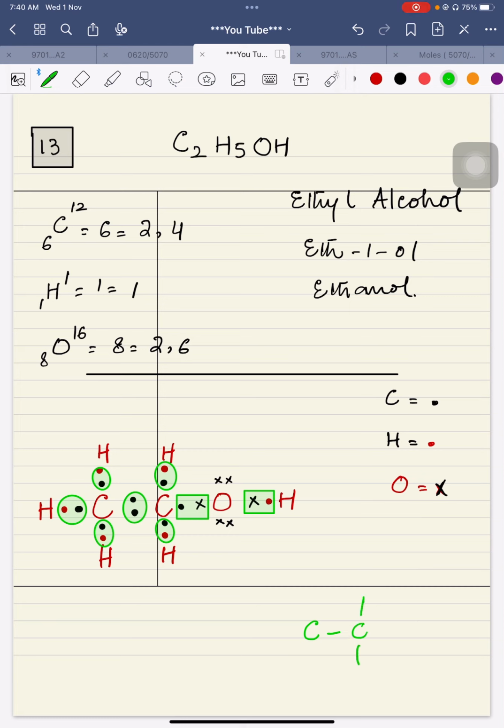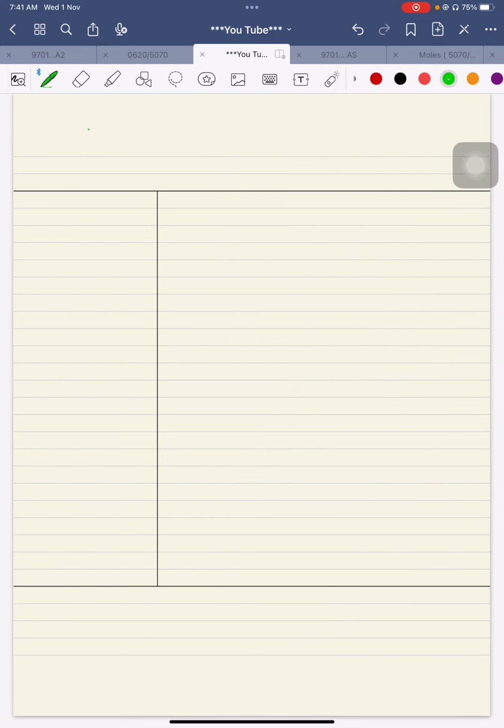Basically you can see this is how it is happening, and the first carbon atom is attached with three hydrogens, whereas the second carbon atom will be attached with two hydrogen atoms, and next with the oxygen atom. So guys, the basic concept which you should keep in your mind is that whenever there is covalent bonding, each carbon atom is going to make four bonds.